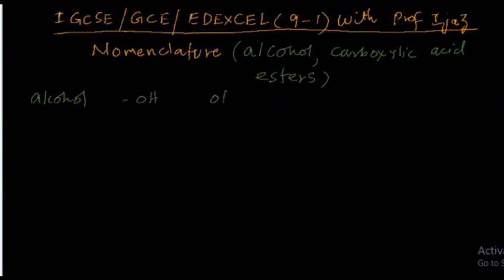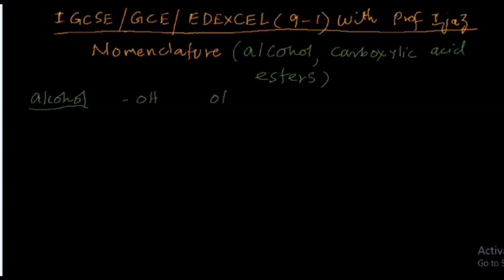So all organic compounds in which you will find the OH in the molecular or the structural formula belong to the alcohol family. And in the nomenclature, if you have OL, like methanol, ethanol, propanol, definitely those compounds are also alcohols.